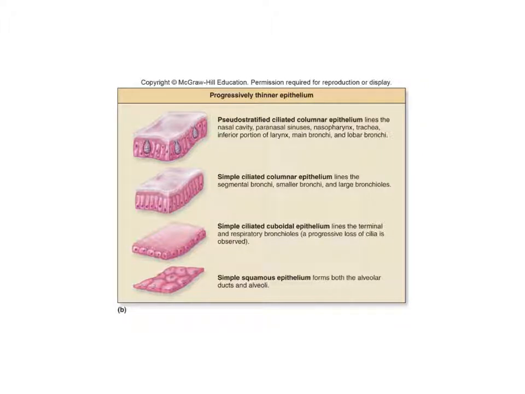So this shows you, and you'll also see it in lab, how it gets thinner. So pseudostratified ciliated columnar is going to be in from the nose down to the lobar bronchi.